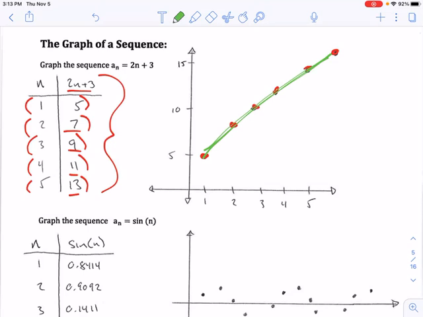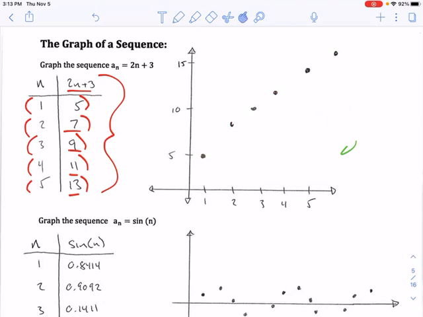No, we do not do that. Bad. Don't do that. All right, so let me just erase that. There we go.